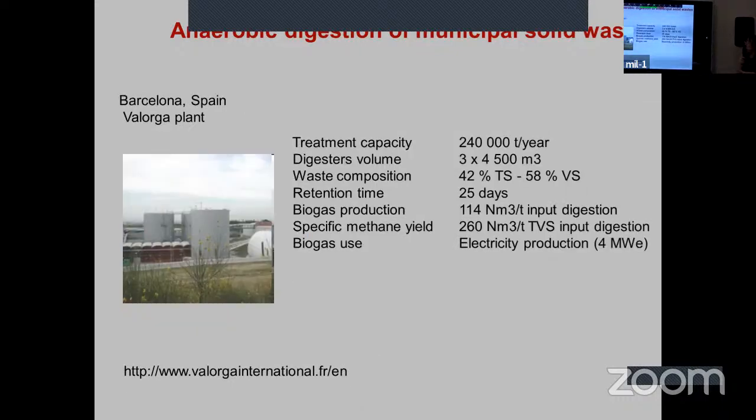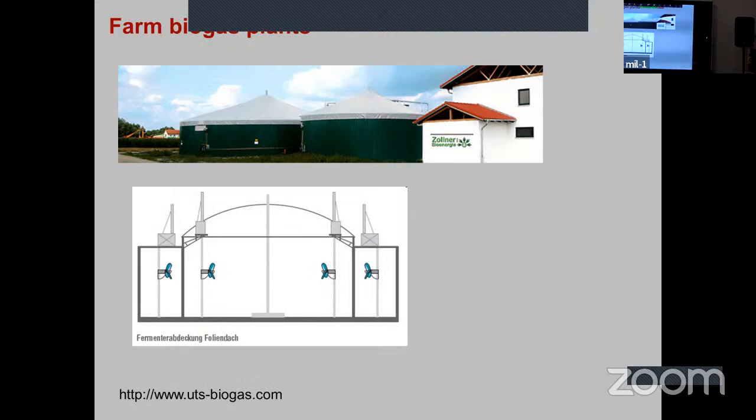Municipal solid waste anaerobic digestion in Barcelona, in Spain, the Valorga process. This is a farm biogas plant, an agricultural plant, and you can see 4 lateral agitators and one central one.